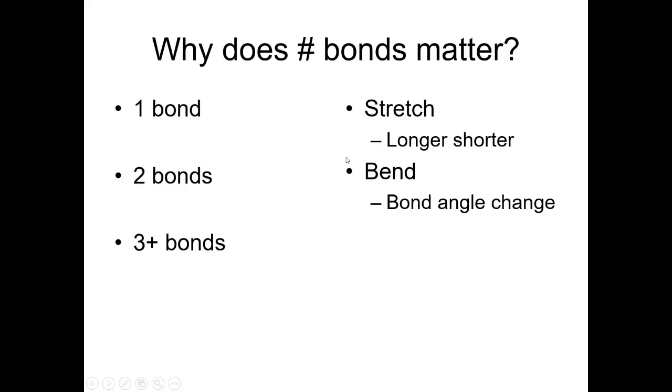Okay, so I've got the atoms getting farther and closer from each other and the bond angle changing. We'll look at examples of this in just a second. And then if I have 3+ bonds, then I usually have some kind of plane of the molecule, and I can twist that plane around. So that's called a torsion, but it's just another way that molecules can vibrate.